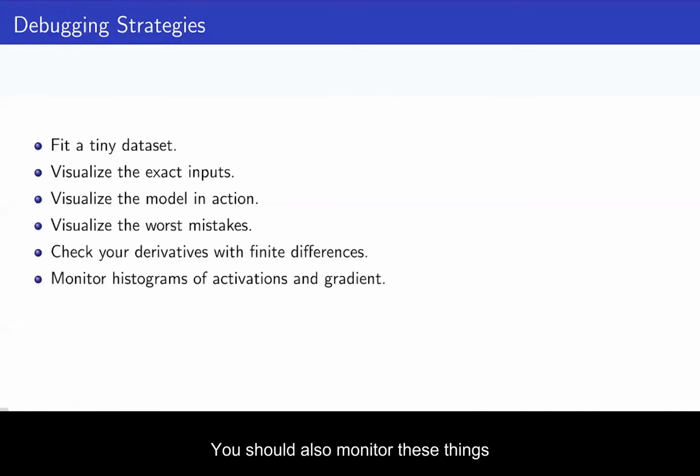You should also monitor these things while your network is training. And in case you find that something is wrong, then you should find a solution for it and basically start training again. And you should do this in an iterative manner, as we just discussed before. But let's first look at each of these in more detail.